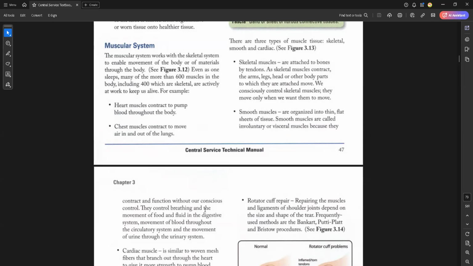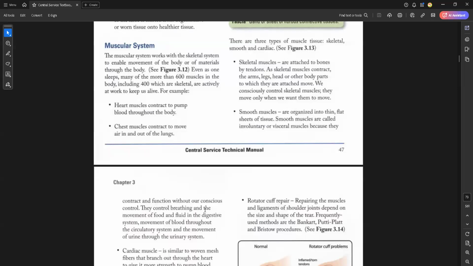But with the smooth muscles, they don't need any command. They work on their own. When they stop working, that means you are dead. So that's why they use the word involuntary. They are called involuntary because they contract and function without our conscious control.